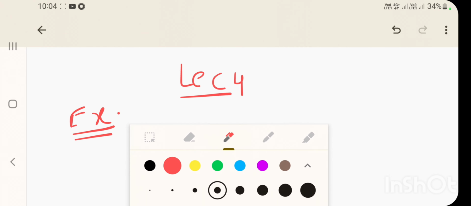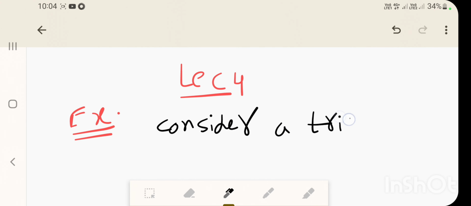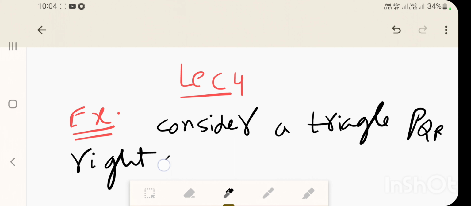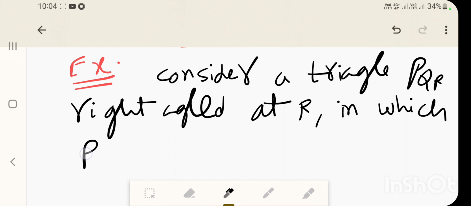Example we are going to solve. If I first write the problem that they have asked. They have given, consider a triangle PQR, right angled at R, in which they have given the lengths PQ is equal to 29 units.